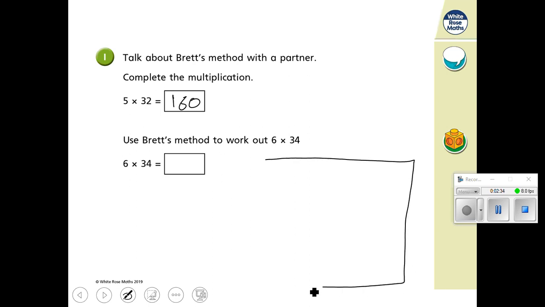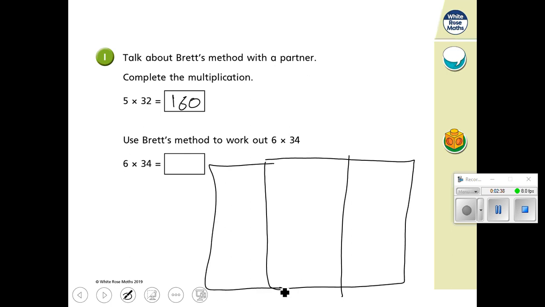Okay, so let's do this. So this is ones, and this is tens, and this is hundreds. Okay, so we're multiplying 34. So what I'm going to use is sticks and dots. So 30, and then 1, 2, 3, 4.